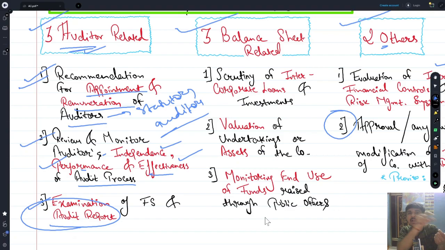When they come inside the company to do the audit, the audit committee is going to review and monitor their independence. Also, how they are performing their audit, they are going to check that. And the third thing is their audit report. They will examine the audit report. Obviously, the audit committee will also consist of chartered accountants, right? So they are going to examine whether the audit report is okay or not.